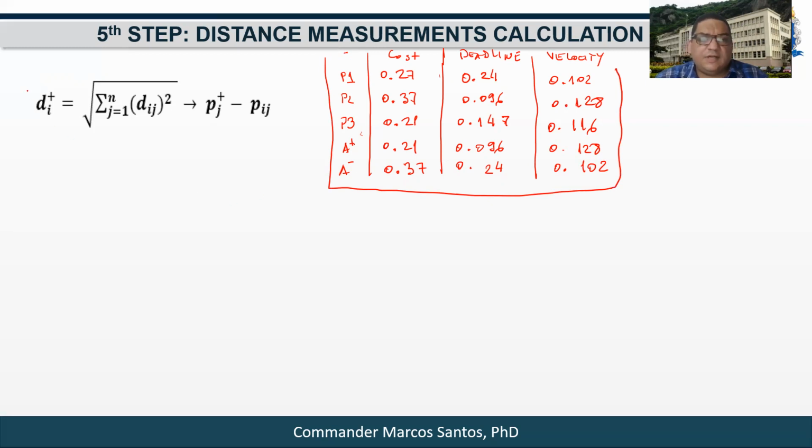So now I can calculate these values, positive D. Let's calculate.